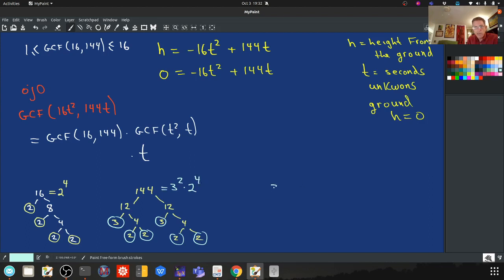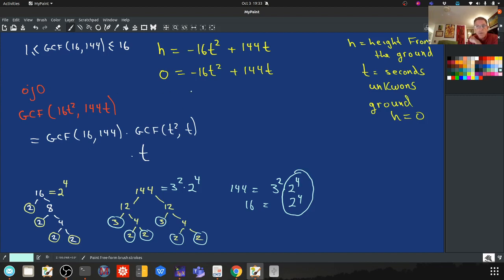So what common factors do we have? Well, clearly that's our greatest common factor, which is 16. And that is actually the largest number it could possibly be.